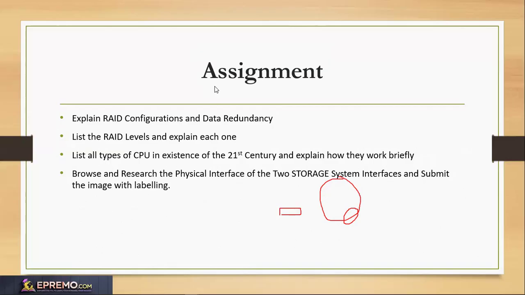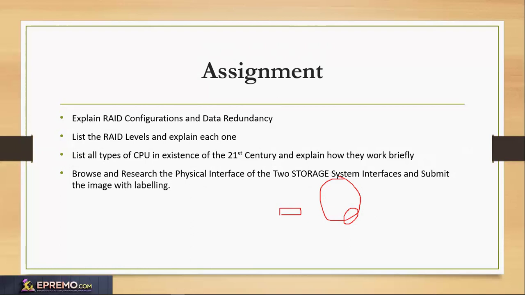So the first assignment you do is that you are going to explain what RAID is, its configuration, and data redundancy. I want you to explain what RAID is, and then what data redundancy is.